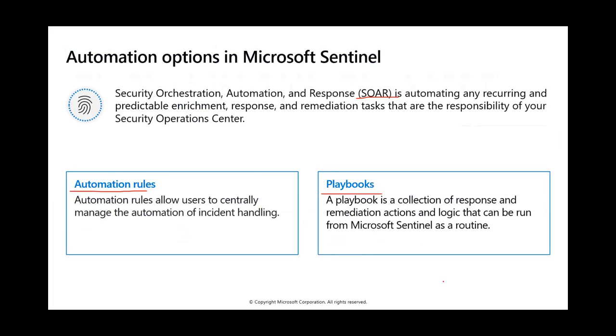A playbook is a collection of response and remediation actions and logic that can be run from Sentinel as a routine. A playbook is built into an Azure resource, and that Azure resource is a logic app.